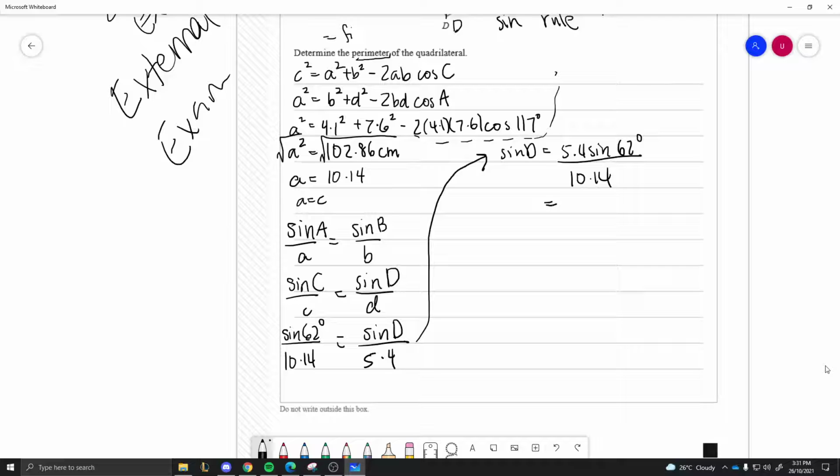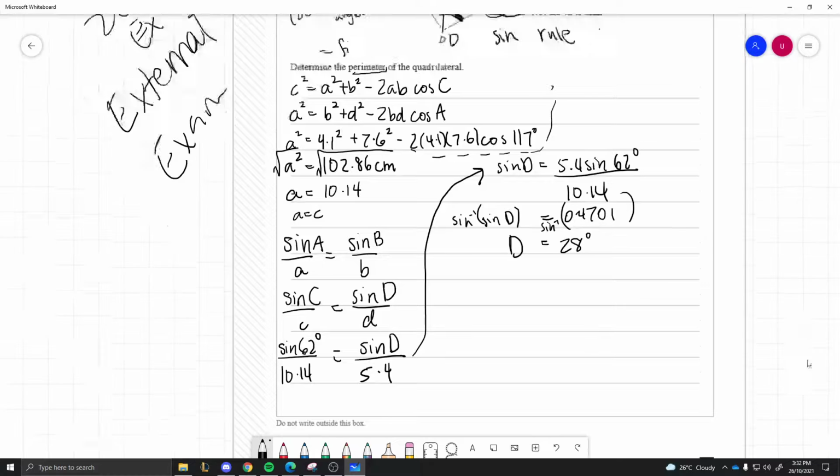Putting that in my calculator, 5.4 sine 62 divided by 10.14 is 0.474701. Now, because this is sine of D, we can take sine inverse of this, and then we'll end up with the angle D. So D equals sine inverse of that answer, which is 28 degrees.